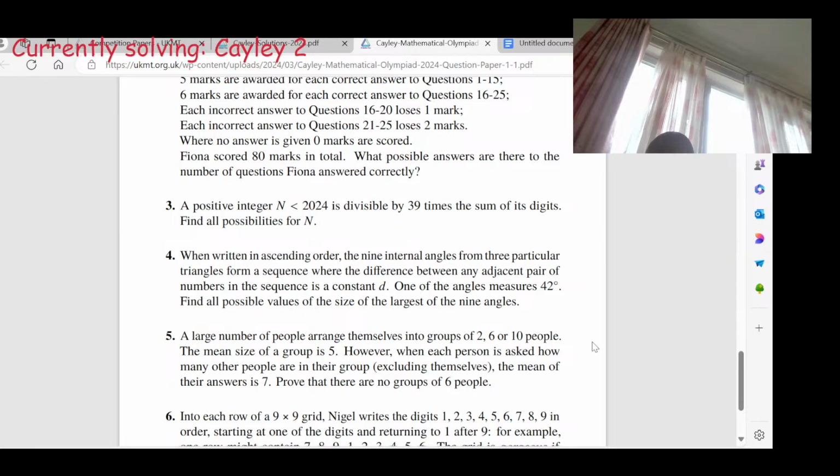Okay, so the middle angle is 60. One of the angles is 42. So they are 18 apart.